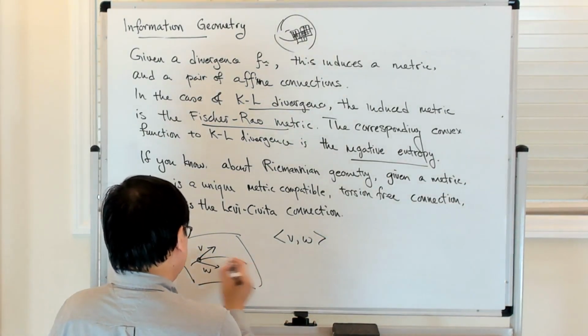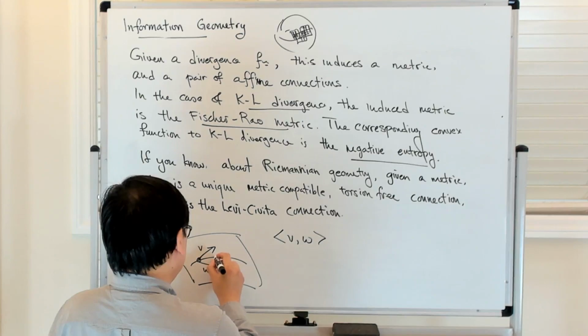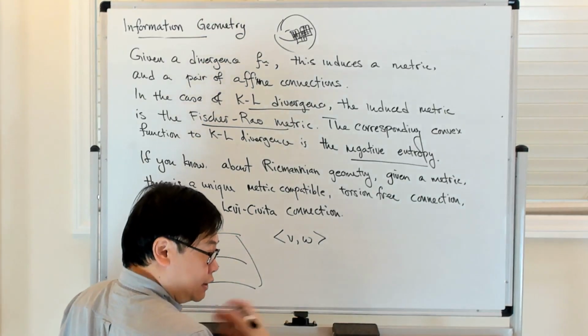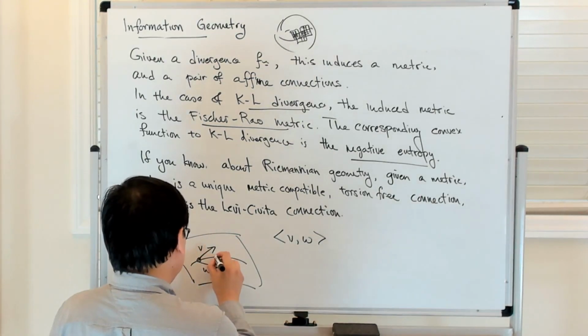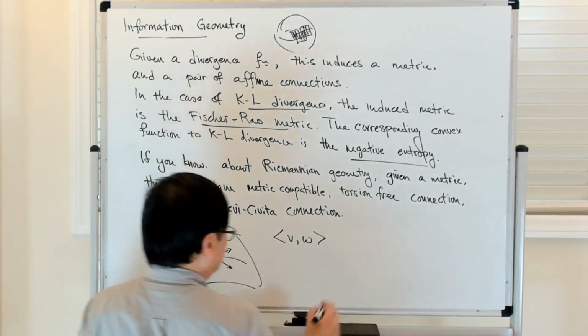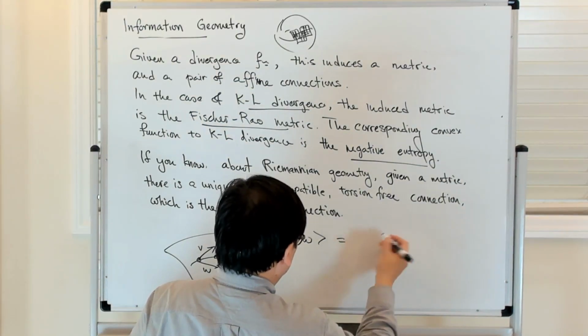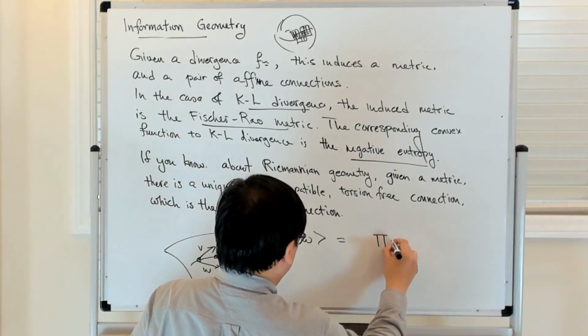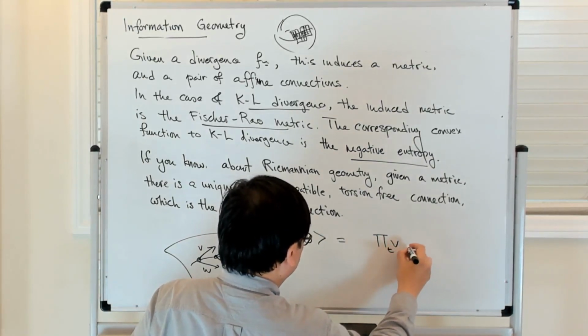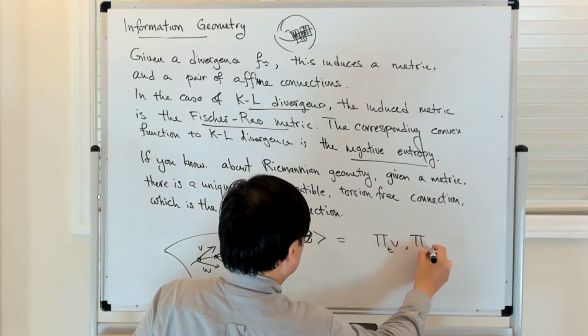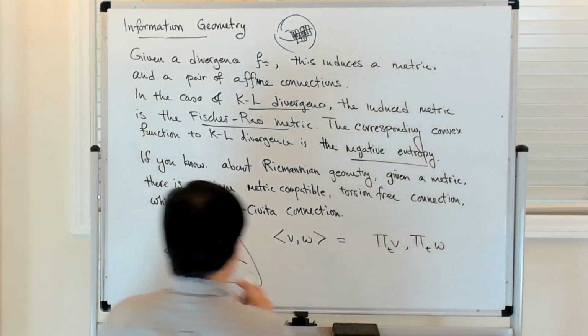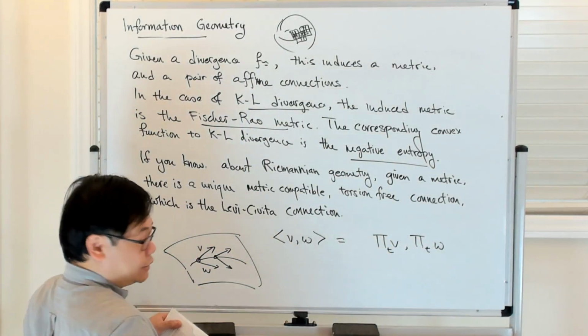And let's say you have a curve now. Because of the connection, you can introduce the idea of parallel transport. So you can parallel transport these vectors, let me denote that as pi t of v and pi t of w, along some parametrized curve.